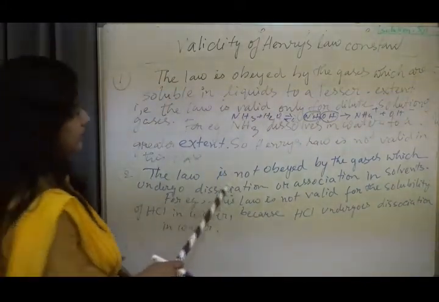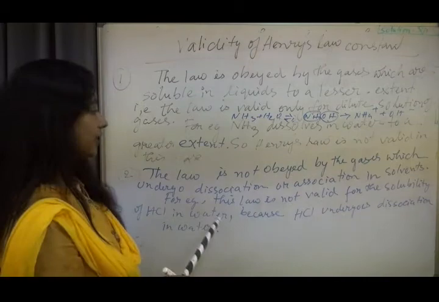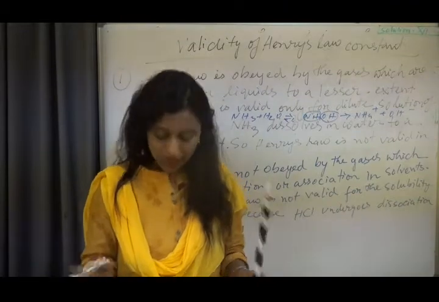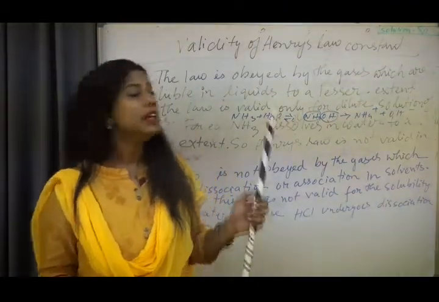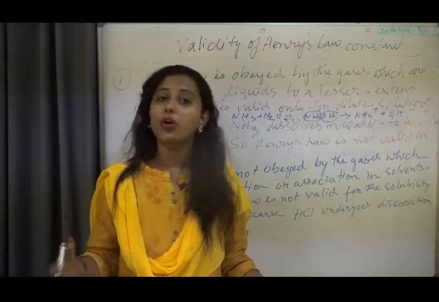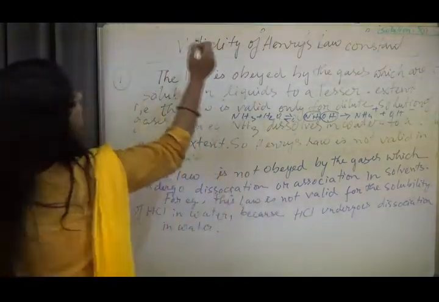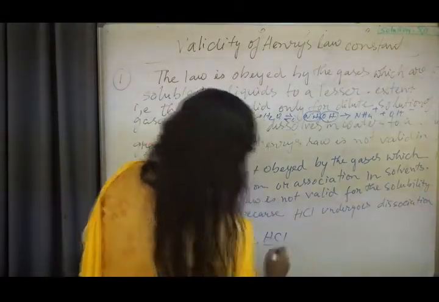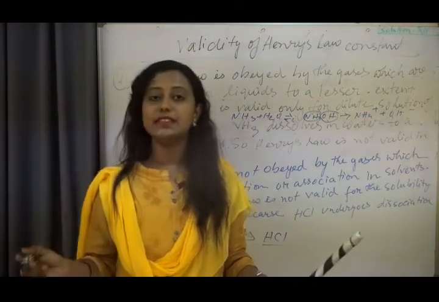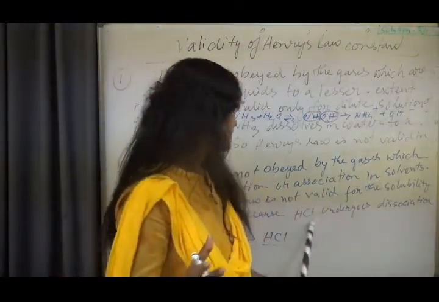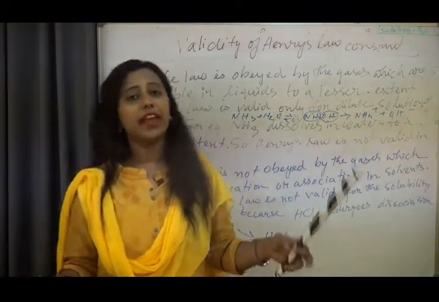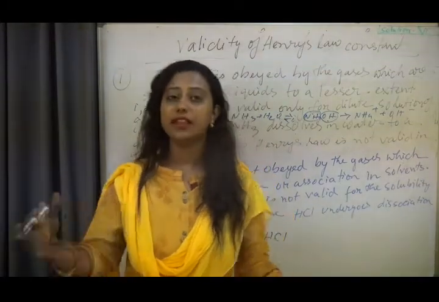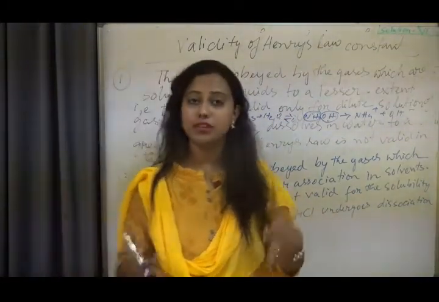Then number 2, the law is not obeyed by gases which undergo dissociation or association in solvents. For those gases which undergo dissociation and association, Henry's law is not applicable. For example, HCl. We know that HCl is a very strong acid and it is very easily dissolved in water. From concentrated HCl, we can easily make dilute HCl. So HCl readily dissolves in water.